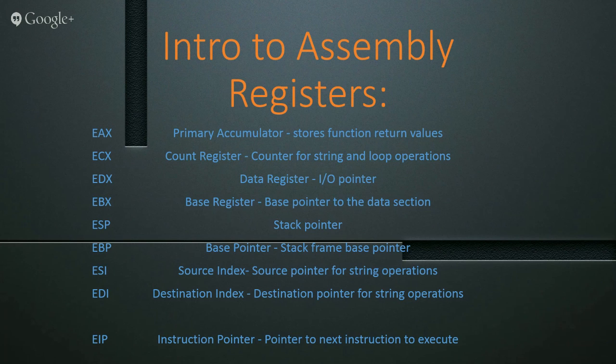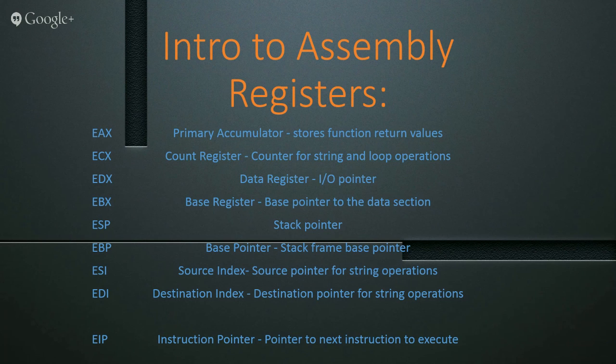A couple of the important ones are going to be EIP. That's going to point to the next instruction to execute. That's possibly one of the most used registers that you'll look at. That'll just tell you what's going to happen next. Where's it going next? EAX is one of the most used registers. It can store data.